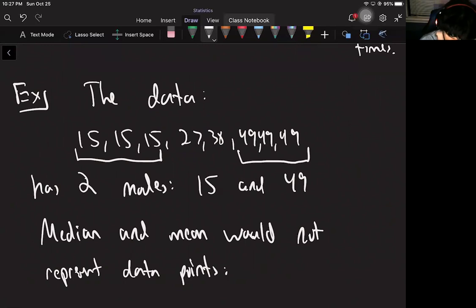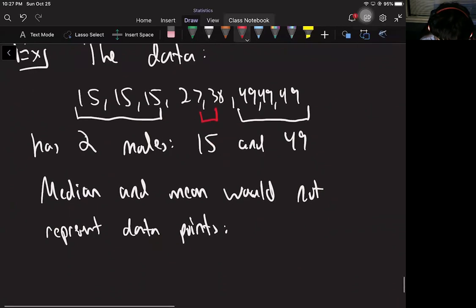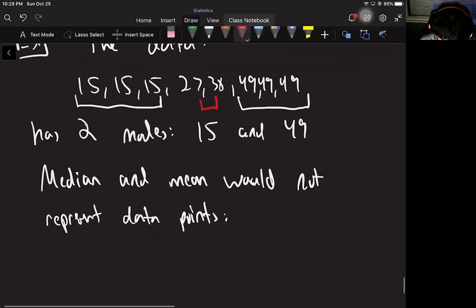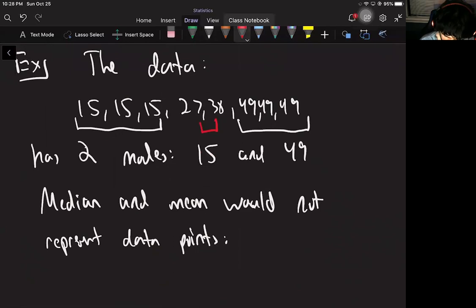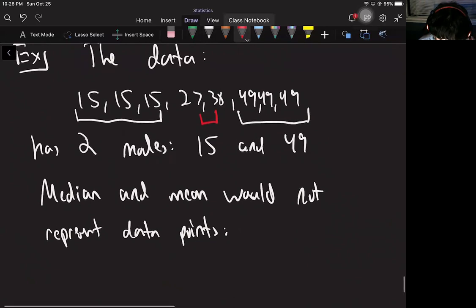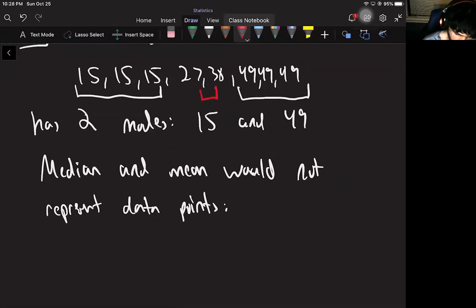If you end up calculating, they'll be somewhere in between here, and that's kind of far away from everything. And you could sort of picture why. It's because you have a bunch of the same stuff to the left and a bunch of the same stuff to the right. So they sort of cancel to being in the middle when you do these mean or median things. And you end up with a number that doesn't really represent either side because it's sort of stuck in the middle. So now the mode is actually very good here, and the mean and the median are not.